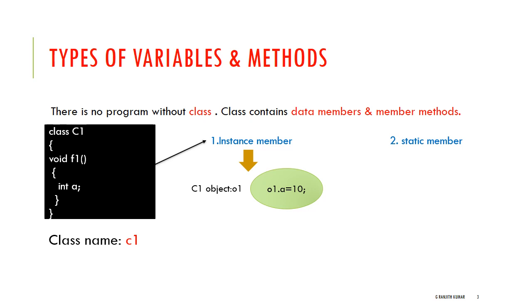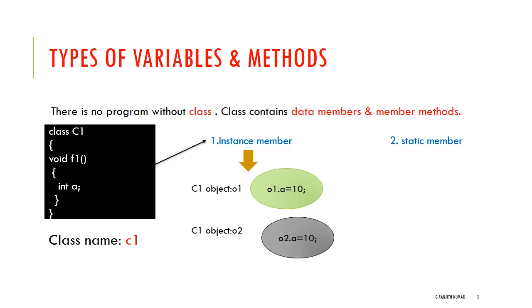For that A, memory is allocated, and let us assume that 10 is assigned. That variable is accessed using the object name, O1. That's why O1.A is assigned 10. So using the object name we are accessing that variable.